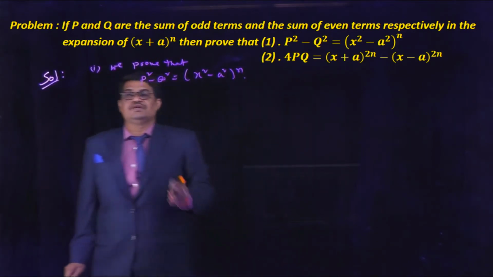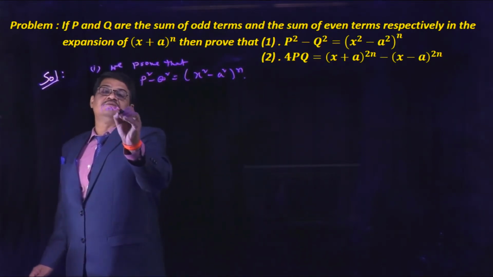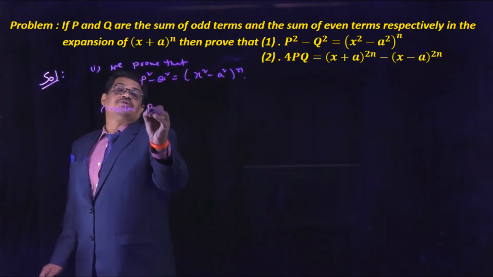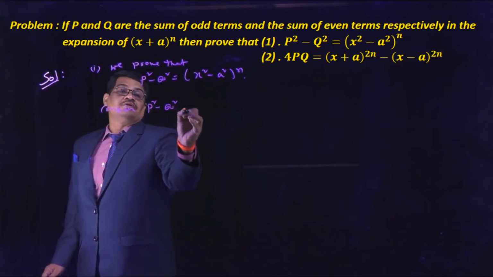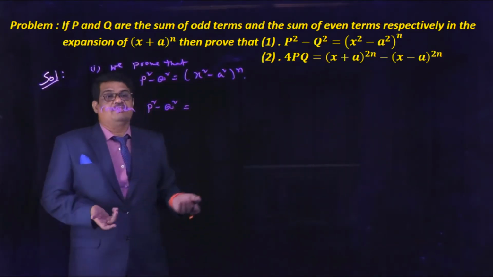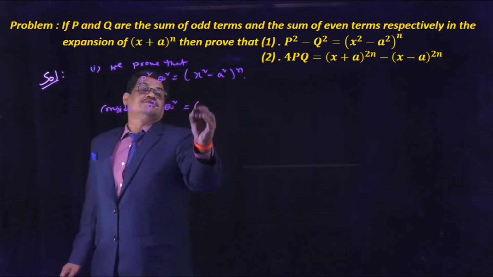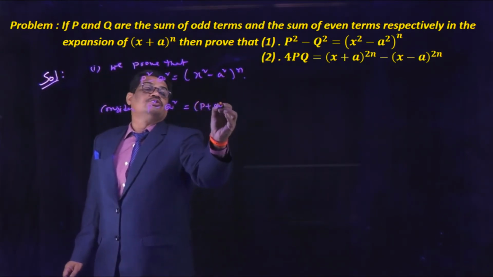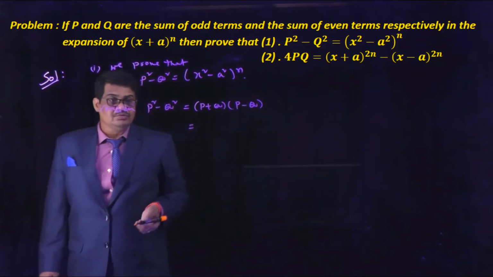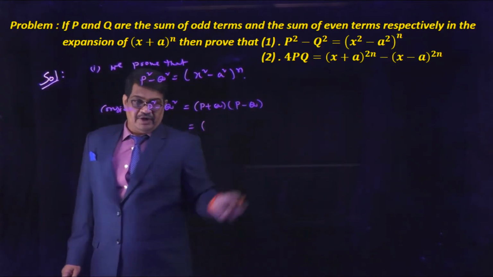Now we consider P square minus Q square. What is the a square minus b square formula? (a plus b) into (a minus b). Now we write this as (P plus Q) into (P minus Q). What is P plus Q? That is what we are finding.